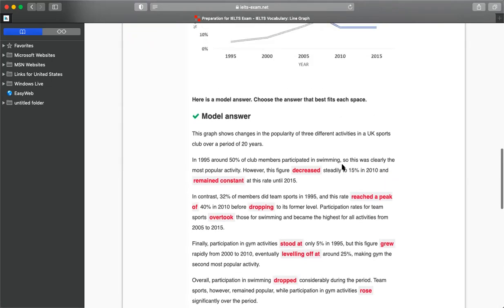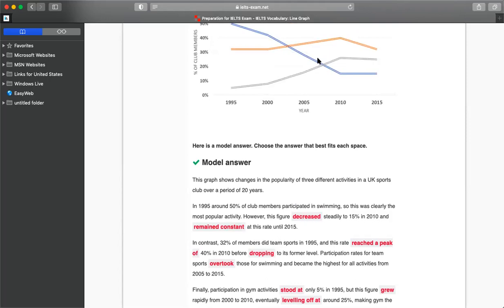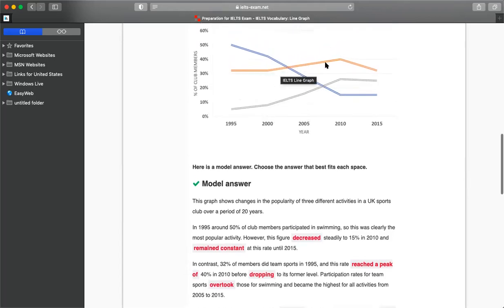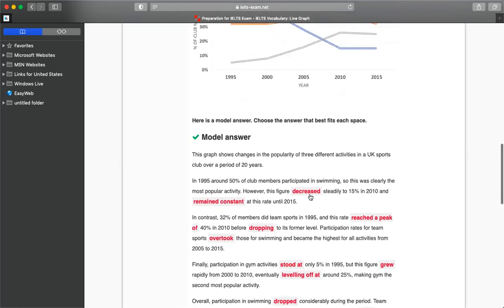For example, if the lines are coming down, you can say decreased slowly, because it's not a dramatic drop. But then the blue line is a dramatic drop, is a sudden drop, is a sudden dip. So reach the peak, it means like going to the highest point, either or this line, the gray line, for example.